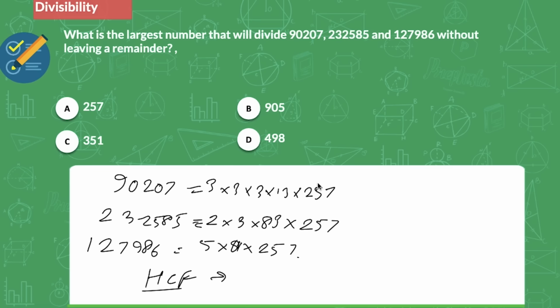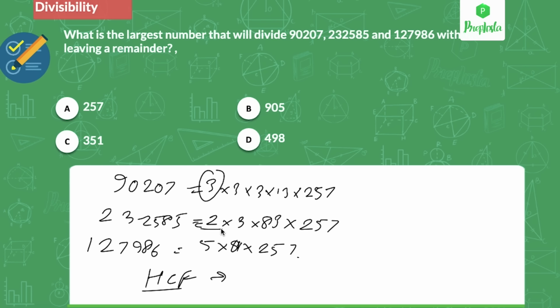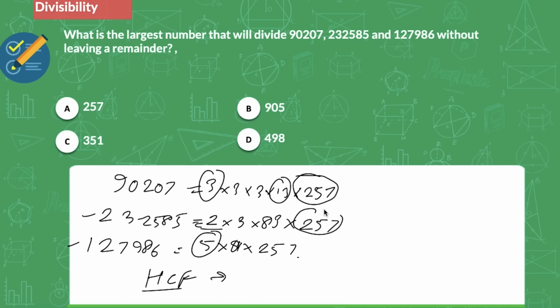Whatever you find common in all the three is what your HCF is. Here I see there's a 3 over here, but there is no 3 in the third number. Similarly, I see 13 over here, but there is no 13 in this and this number. I could see that there is only one common number, which is 257 overall.